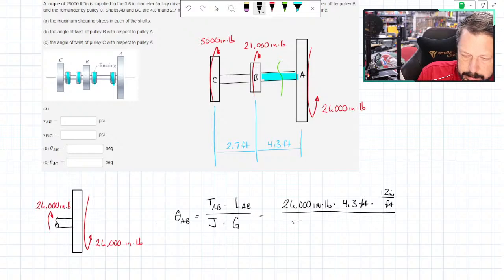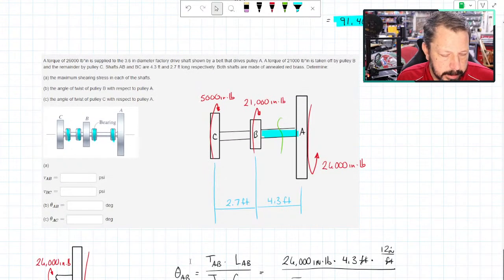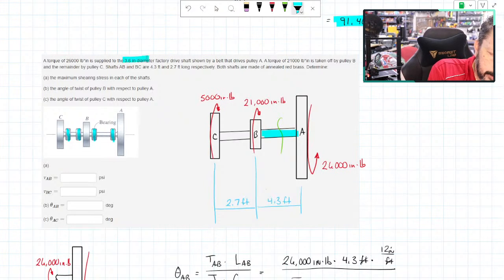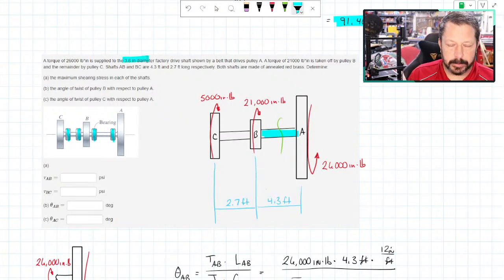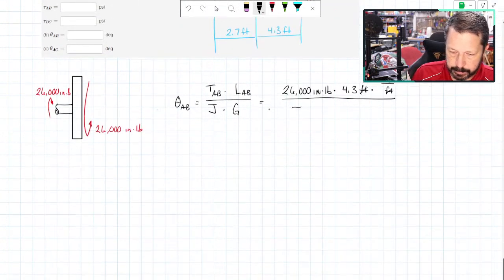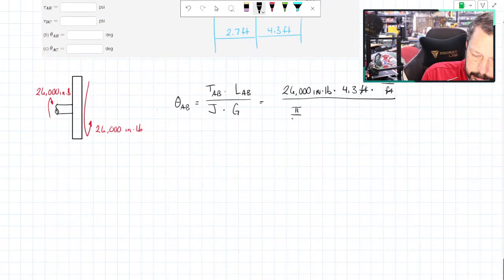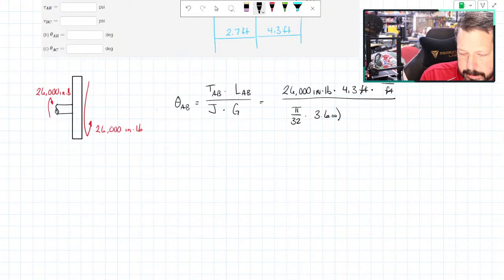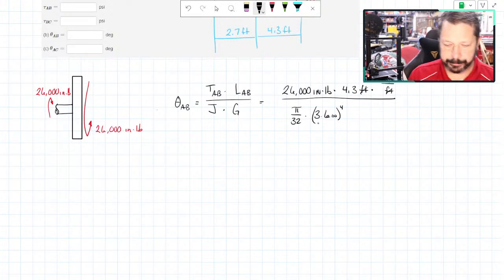For J, it says right here, a 3.6 inch diameter shaft. It doesn't say anything about it being hollow, so this whole thing is just 3.6, which is pretty massive. So pi over 32 times 3.6 inches to the fourth.